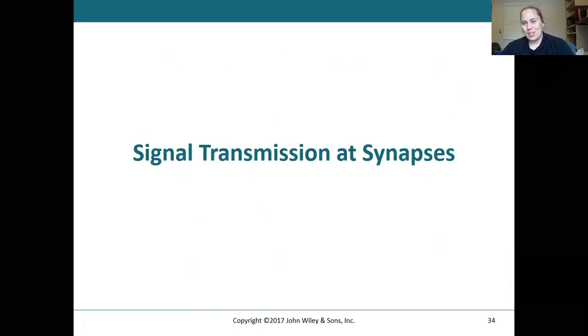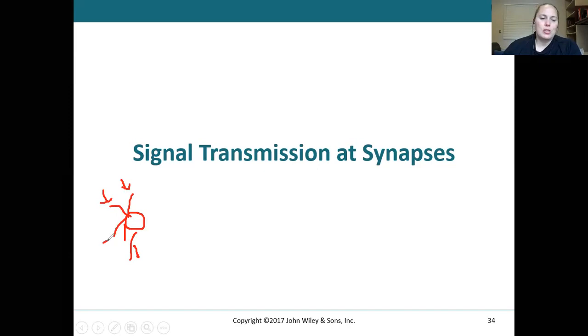Okay, signal transmission at synapses. You're only halfway done. When we are talking about action potentials and sending signals, like we talked about in the first lecture, there are these cell bodies with these dendrites hanging out, getting inputs from different locations.